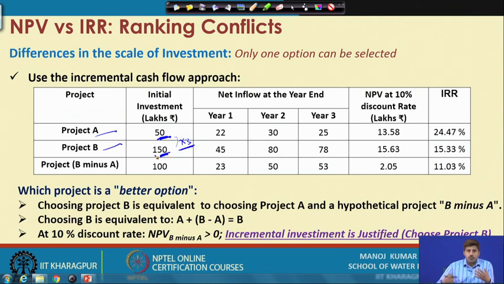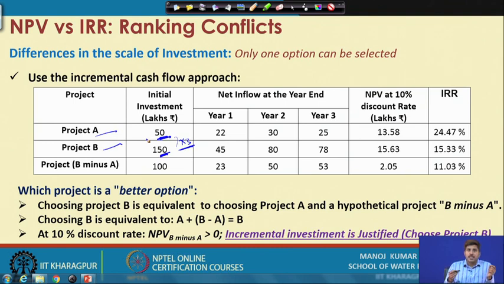If you compare project A and project B, we earlier saw that we can choose between them based on discount rates. But let us take it in a different way.